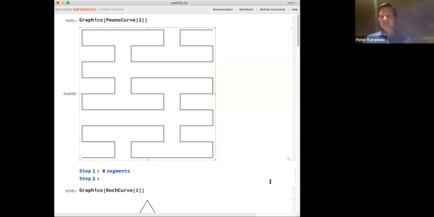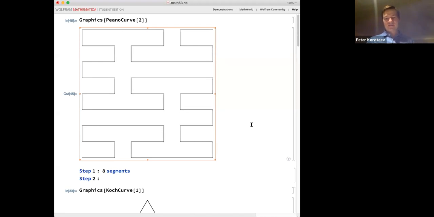So here log is the natural log. Two, yeah, exactly. So this fractal has dimension 2, which is a bit surprising.